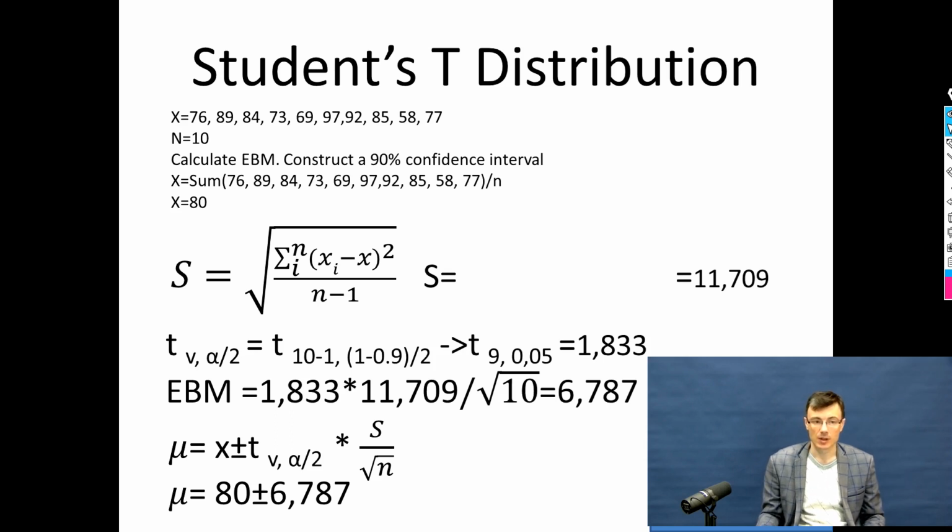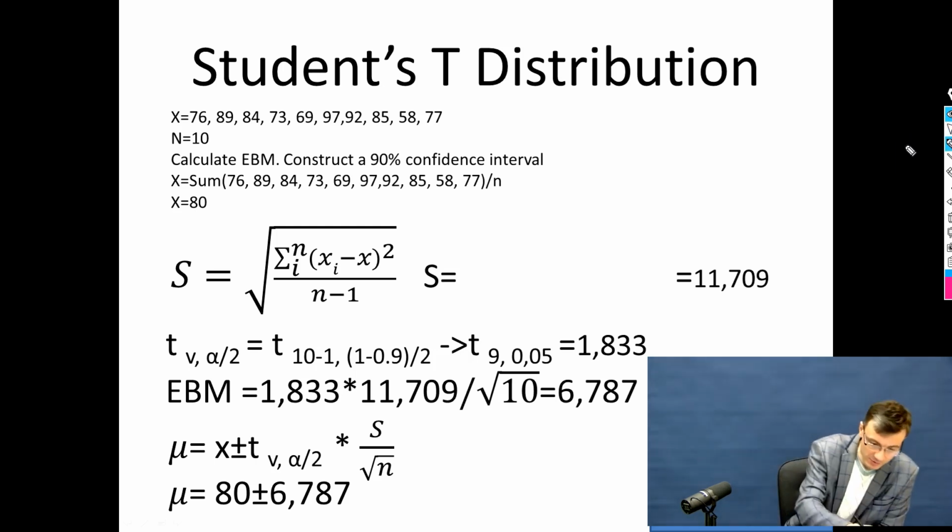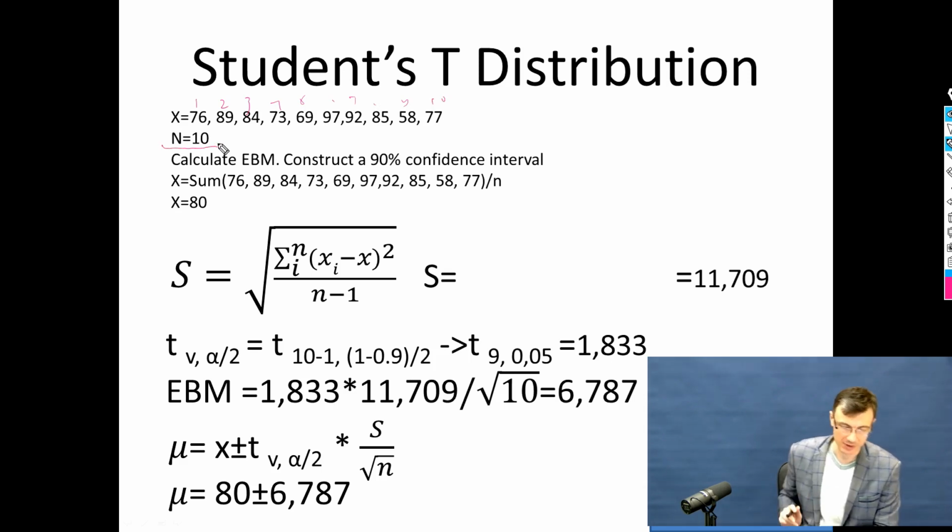So, how to calculate it? First of all, you calculate the size of your sample. It will be easy. 1, 2, 3, 4, 5, 6, 7, 8, 9, 10. So the size of your sample is 10.